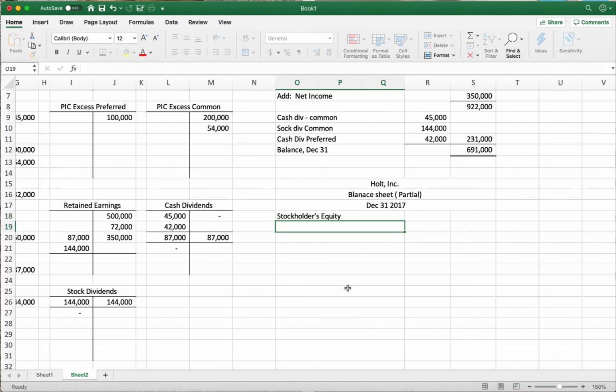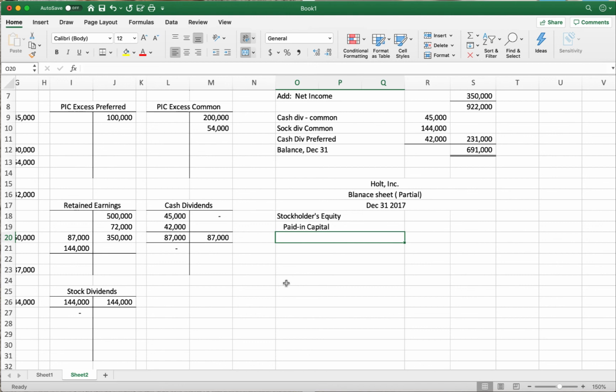Now remember, stockholders' equity section is made up of paid in capital and retained earnings. So I'm going to indent once, and I'm going to say, here's my paid in capital section. What's in my paid in capital section? Well, I'm going to have capital stock and additional paid in capital.